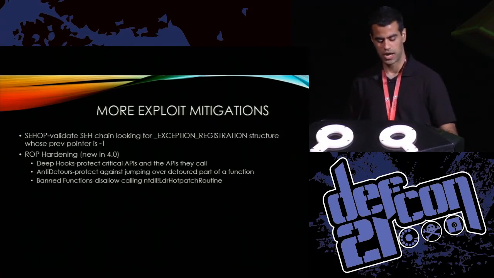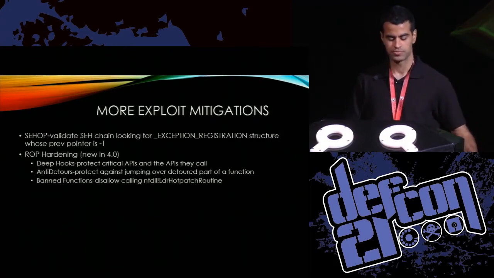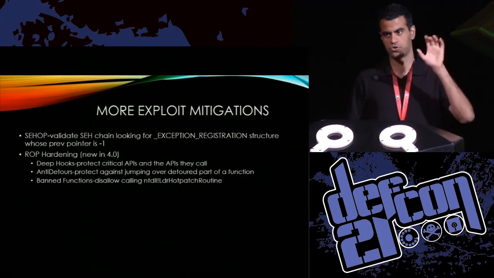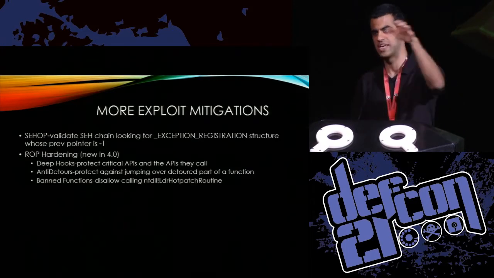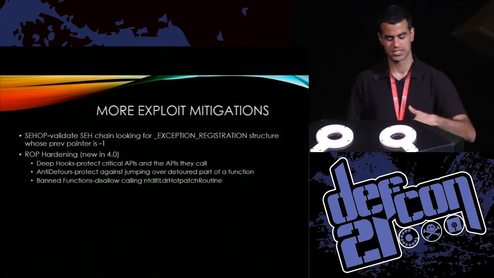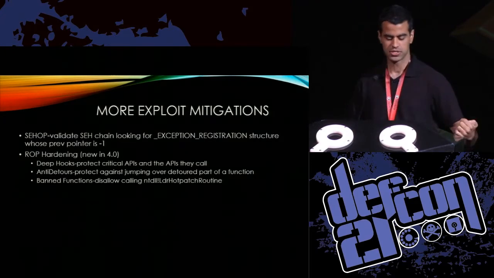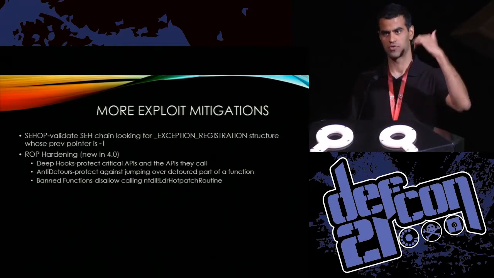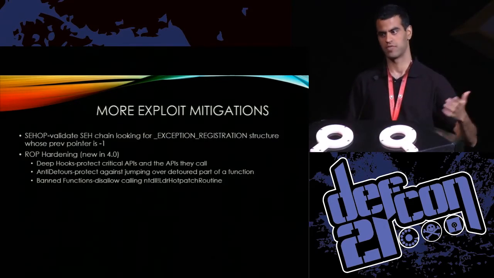And finally, our ROP mitigation, which is new in EMET 4.0. We have some hardenings for this. For example, deep hooks, where we protect things like VirtualProtect and VirtualProtectEx, so like an API and an API that it would call, so you can't bypass it. We have anti-detours, which is basically preventing an attacker from jumping over the detoured part of a function, so basically jumping over our hook.